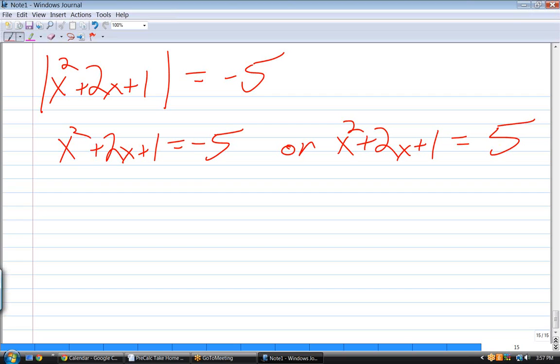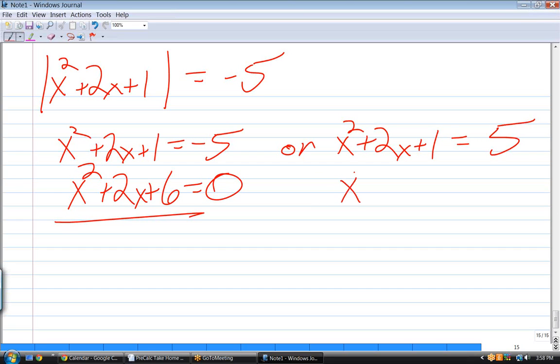However, that's going to leave you with two quadratic equations that you're going to have to use the quadratic formula to solve. In other words, it would give you x squared plus 2x plus 6 equals 0. Cannot solve that by factoring. You have to use the quadratic formula.